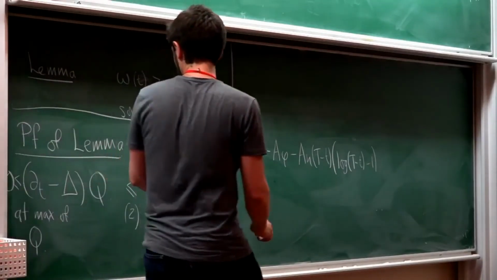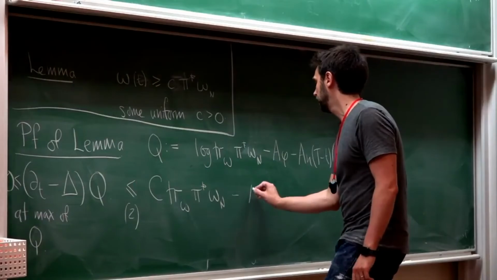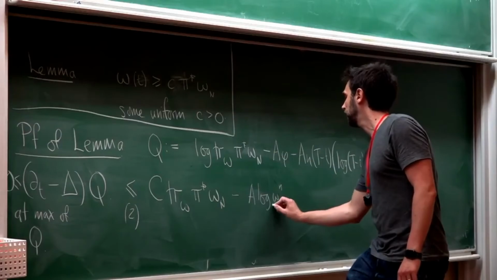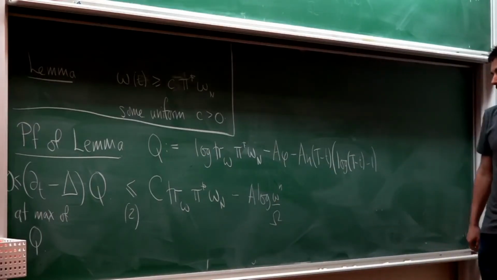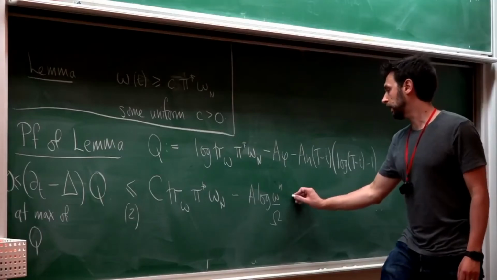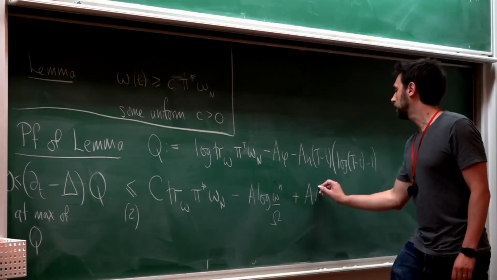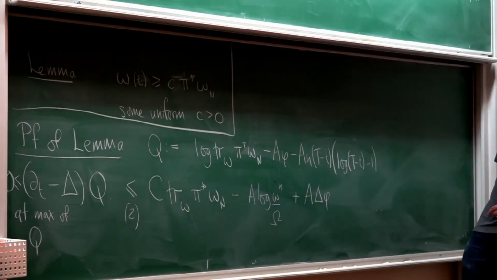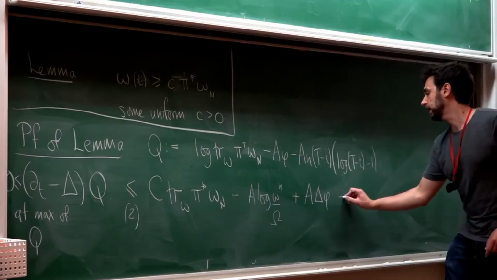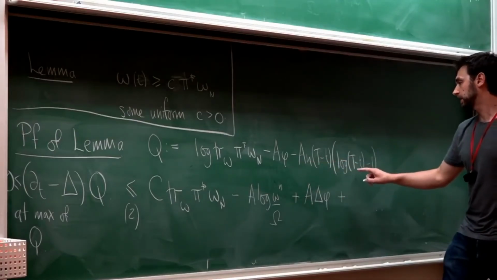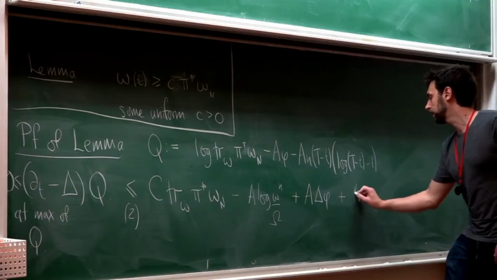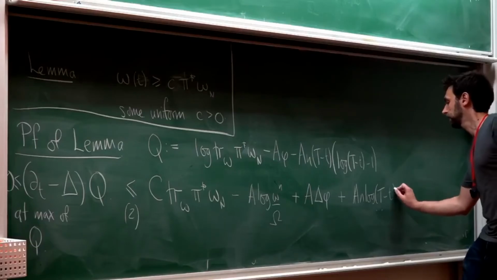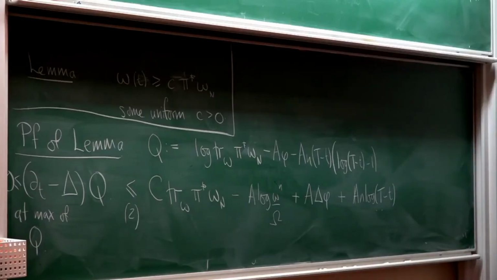But then we have minus A phi dot. And remember, what is phi dot? It's log of omega to the n over capital omega. And then I have plus A times the Laplacian of phi. And then I get d/dt of this, which should be plus, I think, plus A n times the log of capital T minus t. I claim I get that.